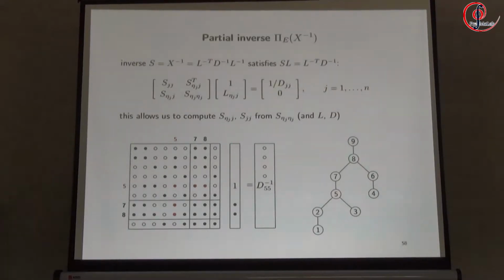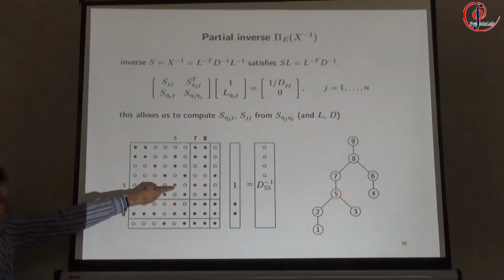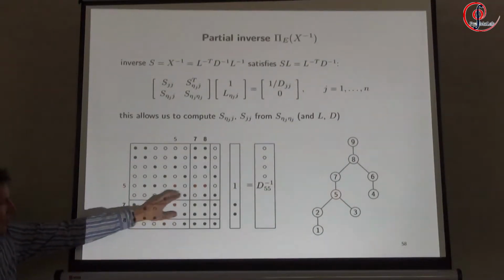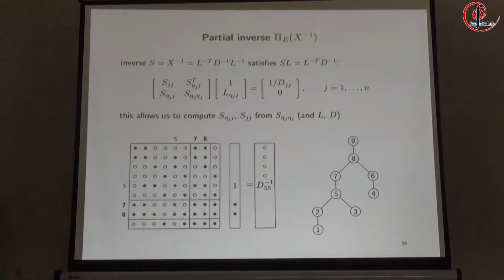And then if you look carefully at the block that you associate with vertex 5, so the diagonal, plus the non-zeros in that column and the non-zeros in that row, you get an equation like this. So Sjj is the diagonal, then you have the non-zeros in that column, the non-zeros in that row, and then a full block in the 2-2 position.